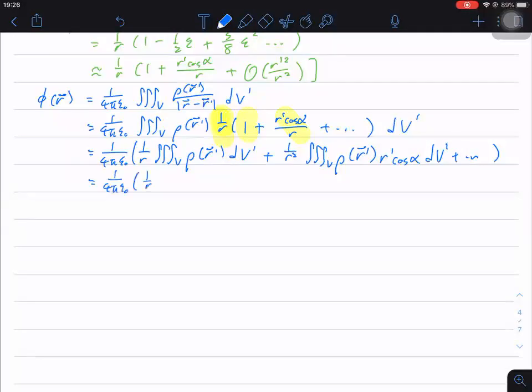Okay, so let me just copy the first term. And r prime cosine alpha, because alpha is the angle between r prime and r, is equal to the dot product of the vector r prime and r hat.